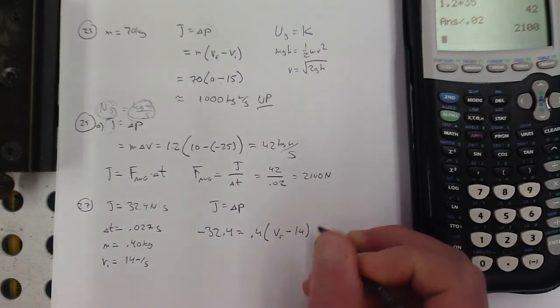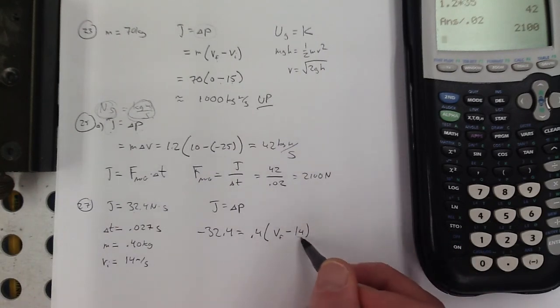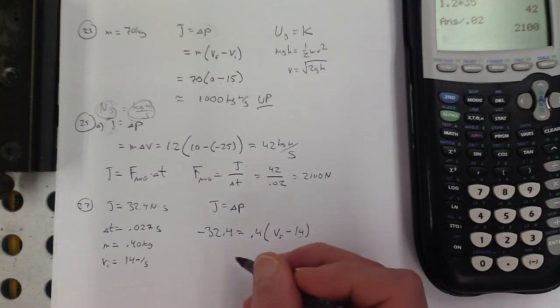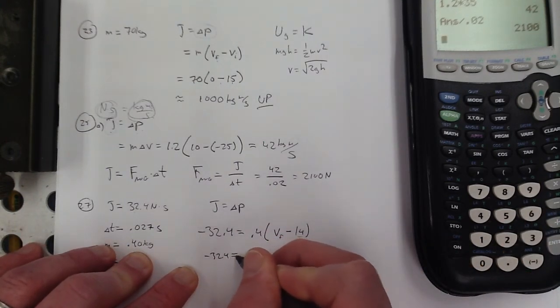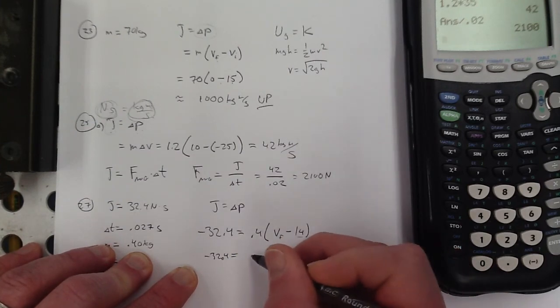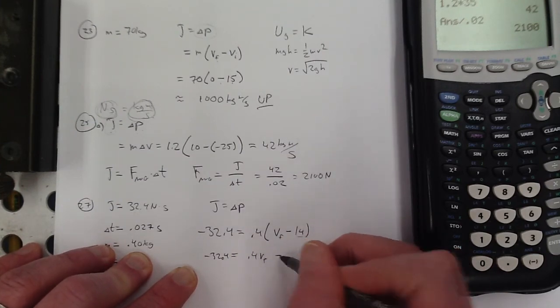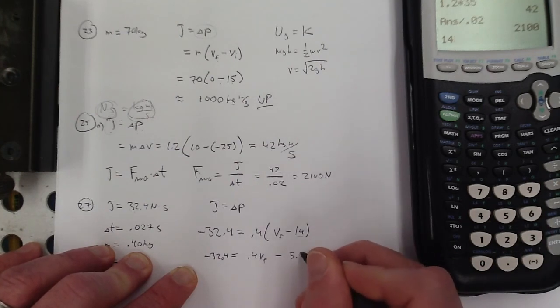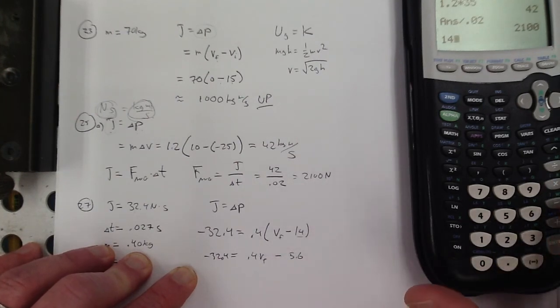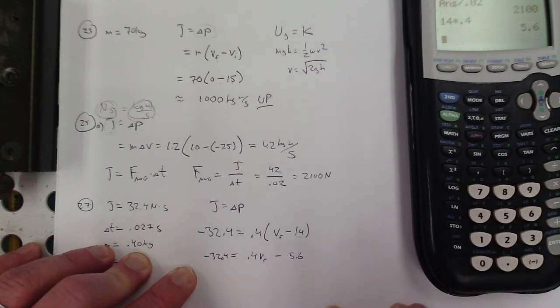Remember, it was initially moving in the positive direction of an x-axis. So 0.4 times VF minus 5.6, right? And I'm going to add that over here.